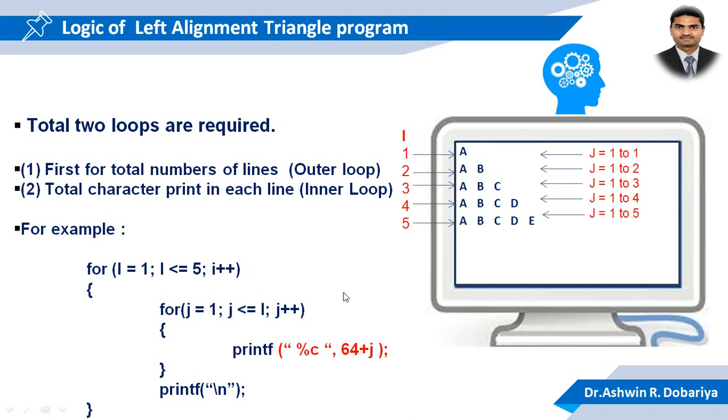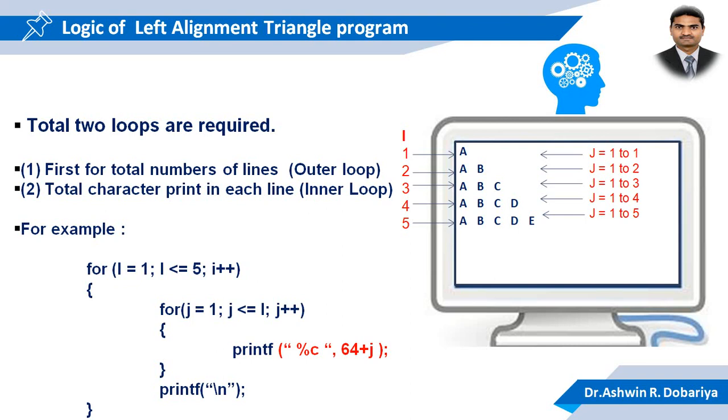Now here one thing you have to be clear about: how can we display A, AB, ABC? We know that in a programming language every character has an ASCII code. What do we mean by ASCII code? ASCII code is a unique code which is assigned to each and every character or symbol available on the keyboard.